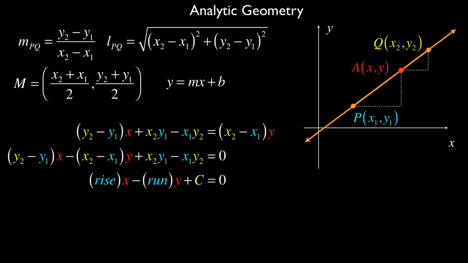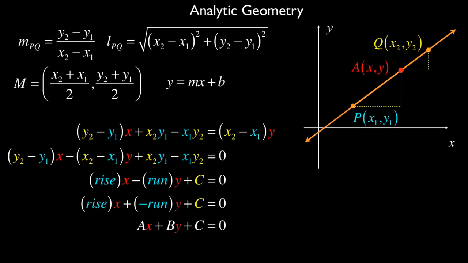Now, one other manipulation that I will do will be this. I will turn it into rise x plus negative run y plus c equals 0. I'm going to call the rise arbitrarily a, the negative run arbitrarily b, and leave the c as it is. And I get ax plus by plus c equals 0. And that, in fact, is what we call the standard form for the equation of a line.